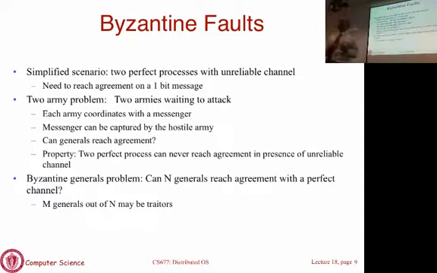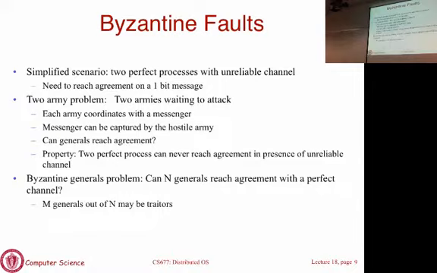So what would you do? The first thing you could do is send the messenger over, and then how do you know whether the messenger reached the other end or not? How can you figure out? You can get an acknowledgement. The messenger takes a message, the other general signs it or says, yes, I received it, and sends the messenger back.